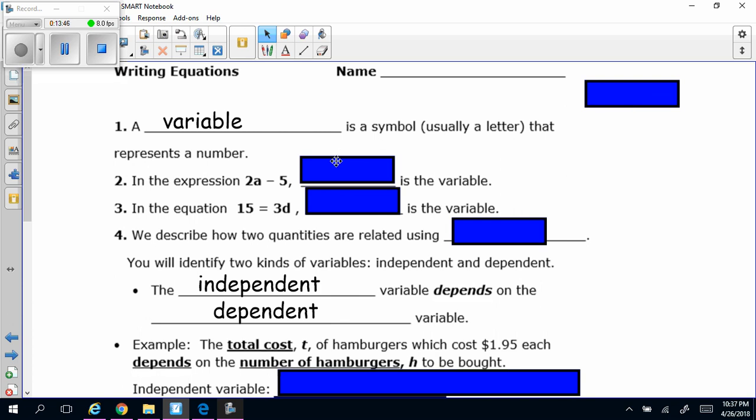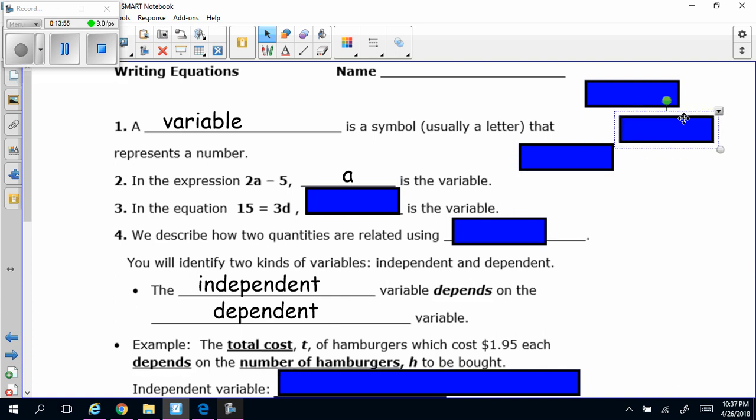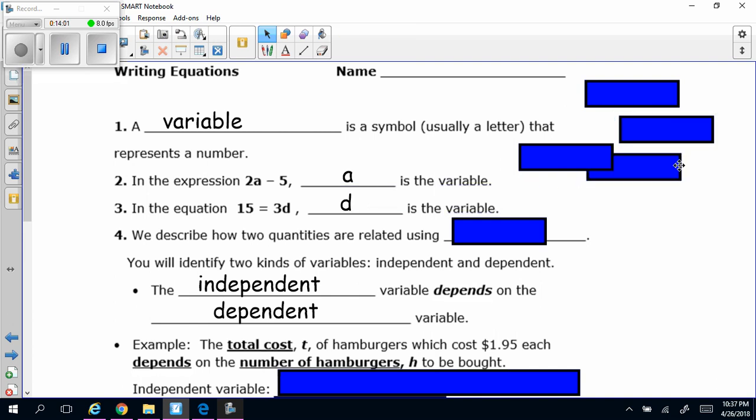In the expression 2a minus 5, we know that a is the variable. In the equation 15 equals 3d, d is the variable. So go ahead and fill this in as I'm going through.